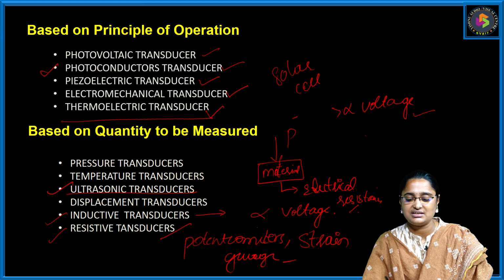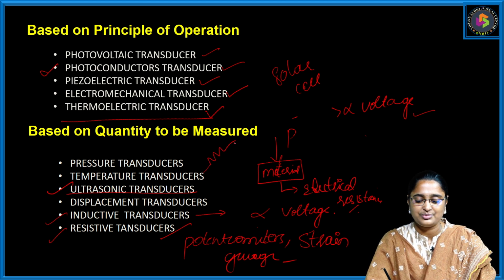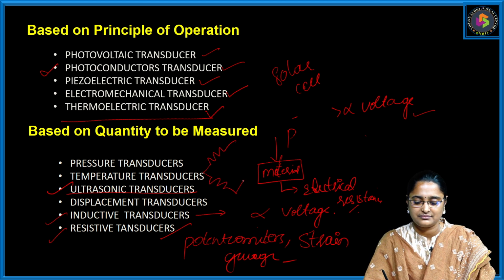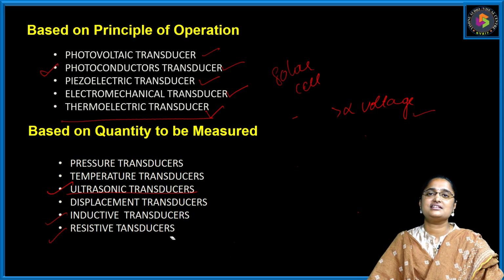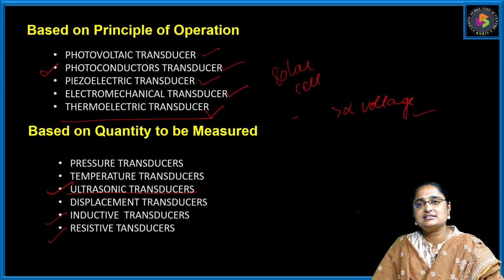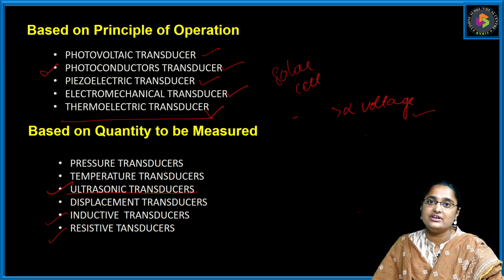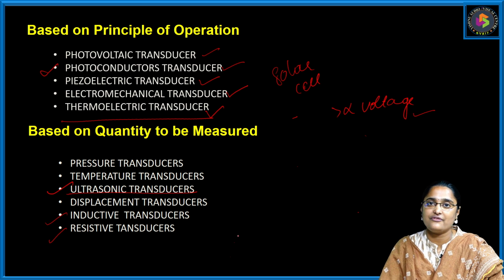Hence we connect the strain gauge as the unknown arm in a Wheatstone bridge. So resistive transducers are those where the electrical resistance of the material changes when it is subjected to any physical or electrical quantity given as an input, and we will have the changes in resistance of that material.